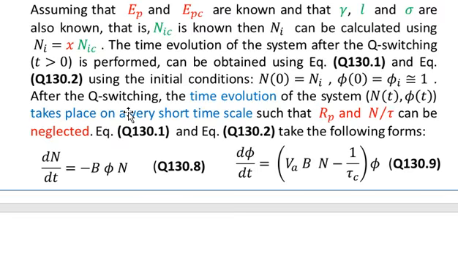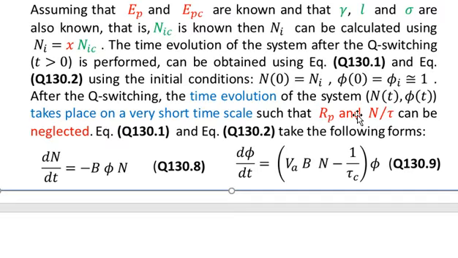So after the Q switching, the time evolution of the system takes place on a very short time scale, such that Rp, that is the pump rate, and N over tau, that is the decay of the population inversion through spontaneous emission, can be neglected.